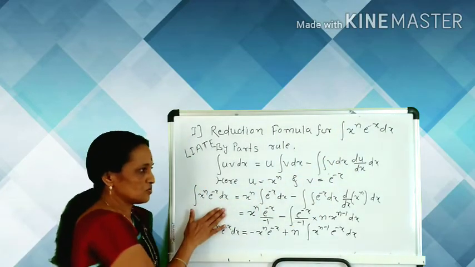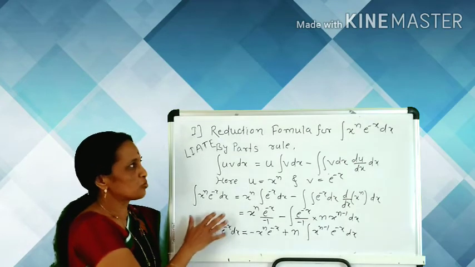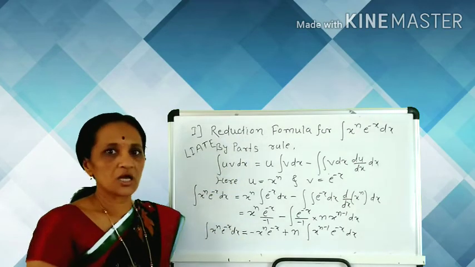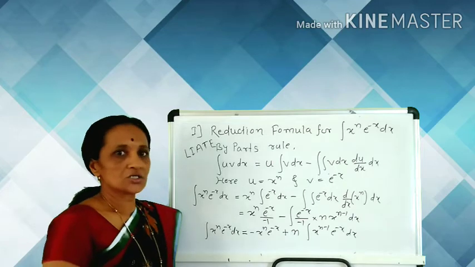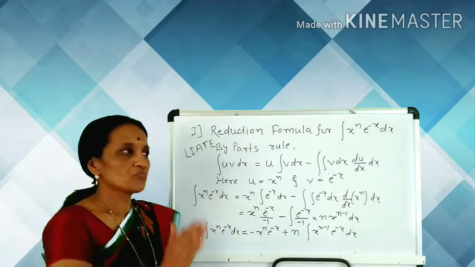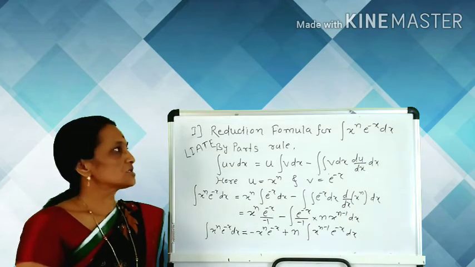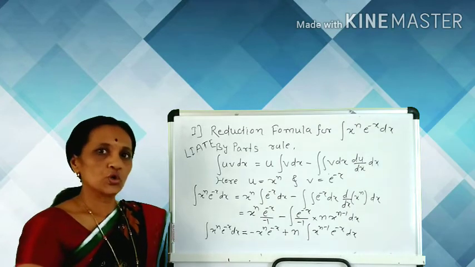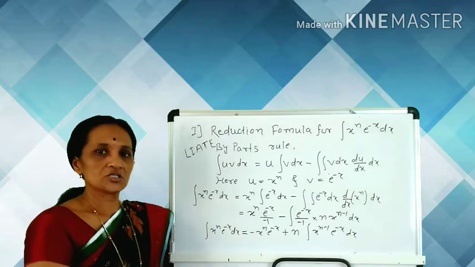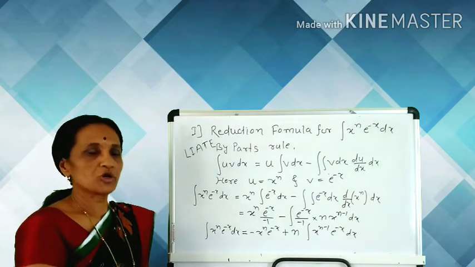Now this is the very simple method for finding the reduction formula for the integration of a given function. Then we take another standard function, and so we find out the reduction formula for the next function.